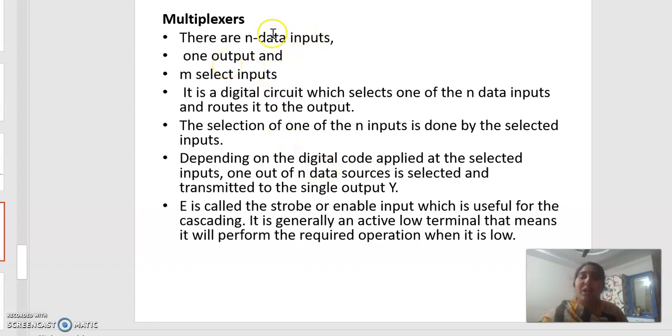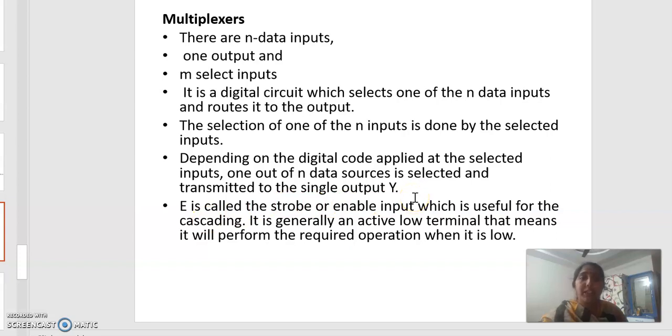The selection of one input line is done using the selection lines. Depending upon the digital code applied at the select inputs, one of the n data sources is selected and transmitted to the single output.